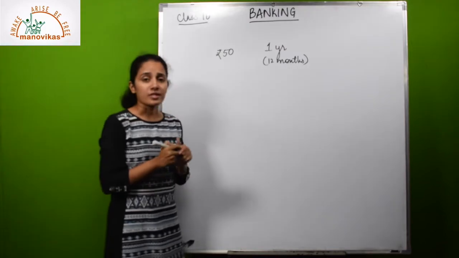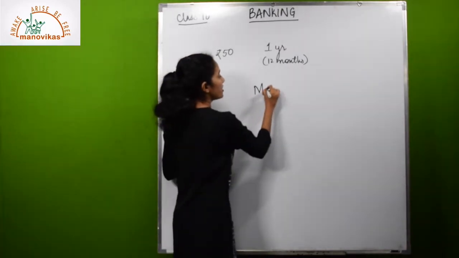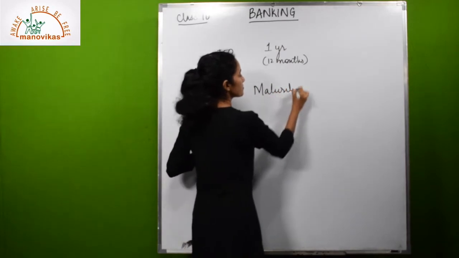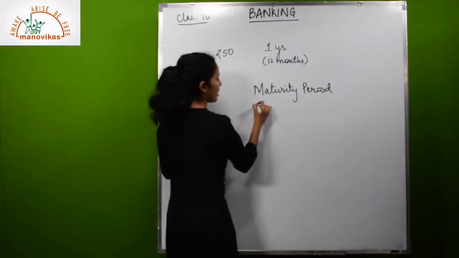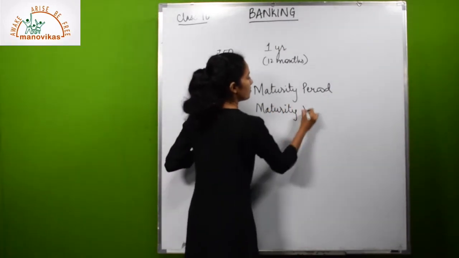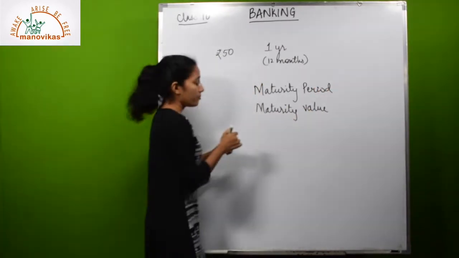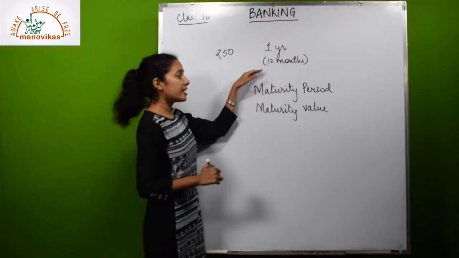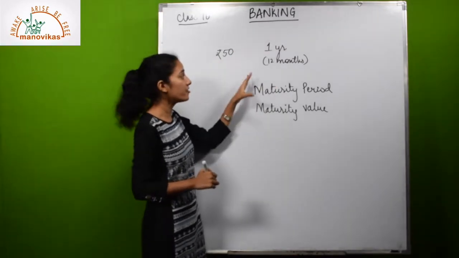Now in a recurring deposit account, we have what is called the maturity period, and we have the maturity value. Maturity period is the total time period after which you will get the total lump sum money with the interest.